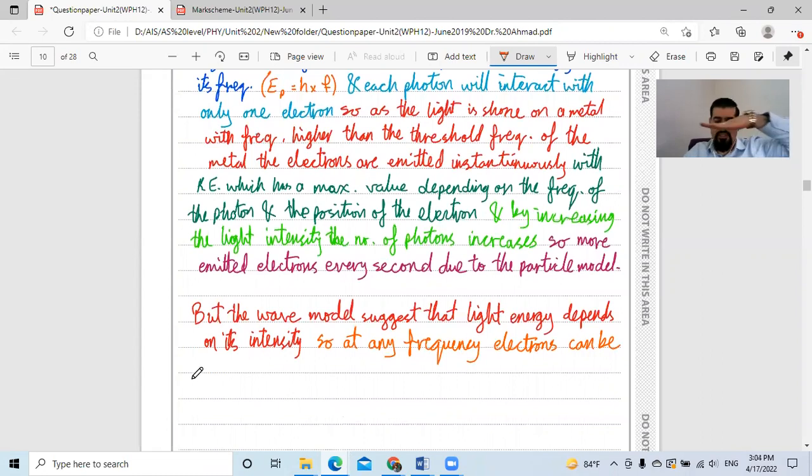If it is exactly on the surface, the first energy level, second energy level, or inside down, they have different energy levels and several positions in the atom. Is it on the surface or on the second layer? So the kinetic energy of liberated electrons will be different, okay? So at any frequency, electrons can be emitted.